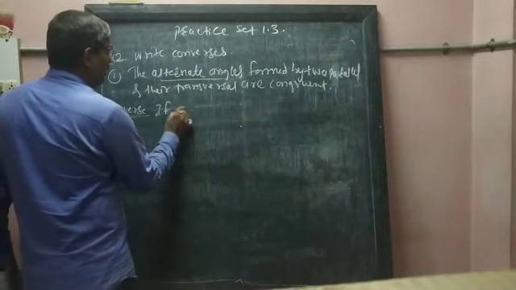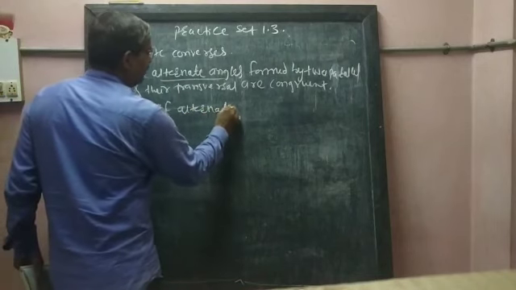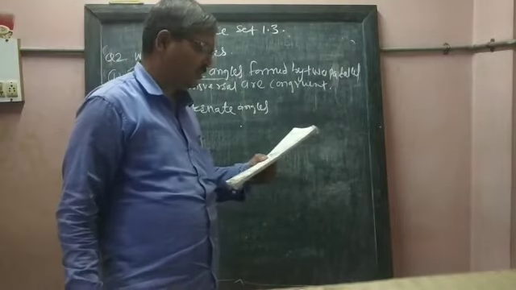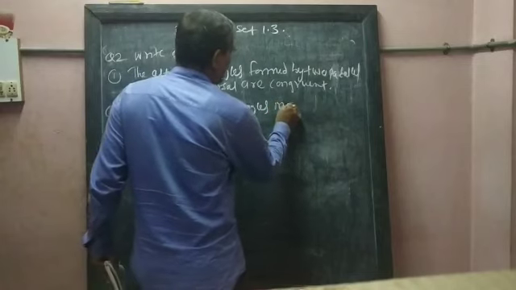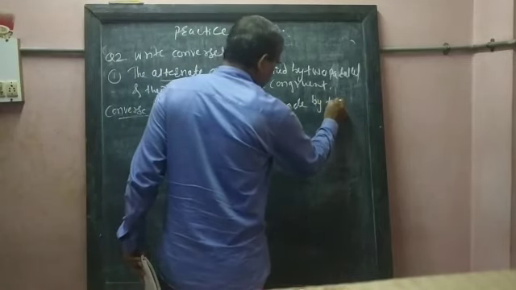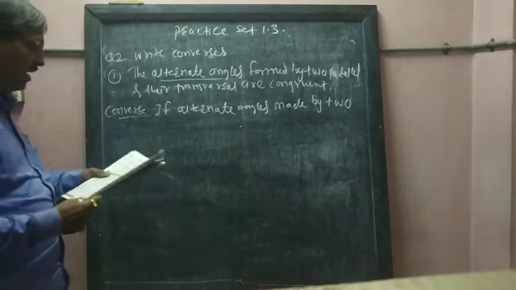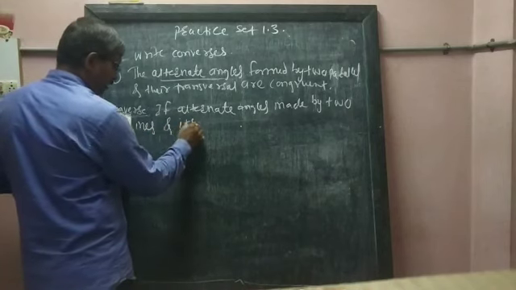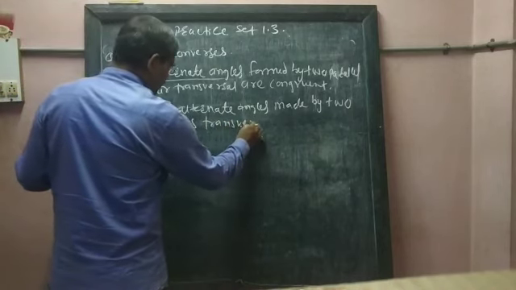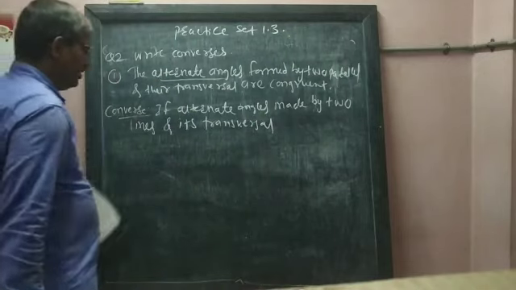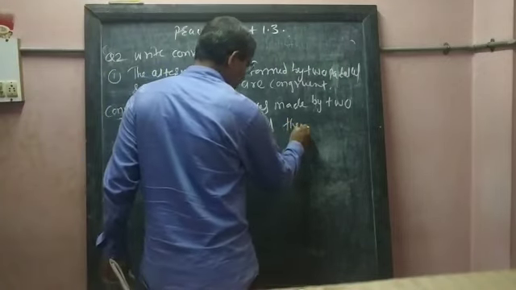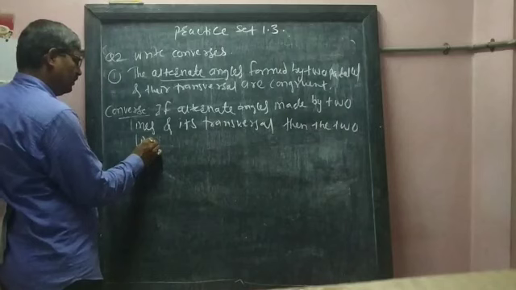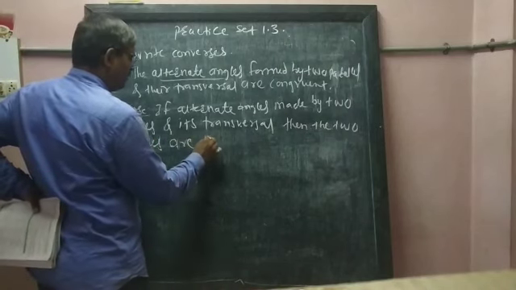If alternate angles made by two lines and its transversal are congruent, then the two lines are parallel.